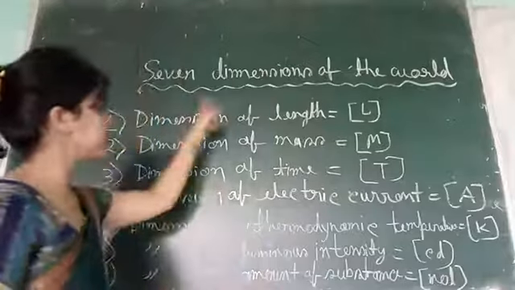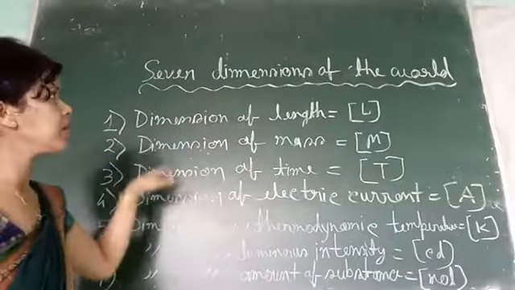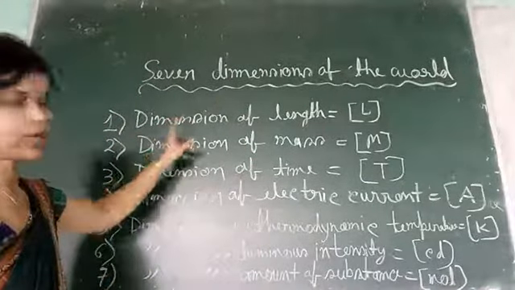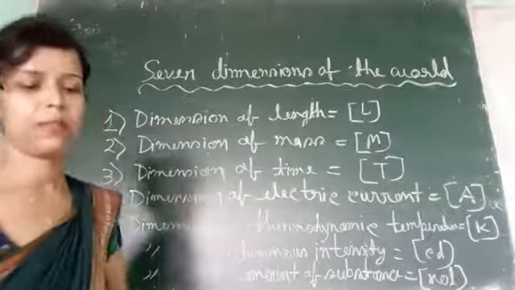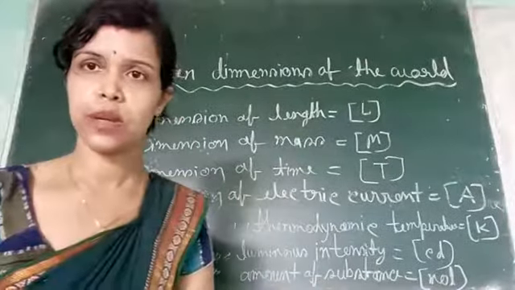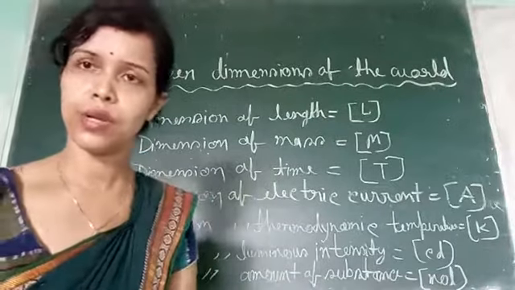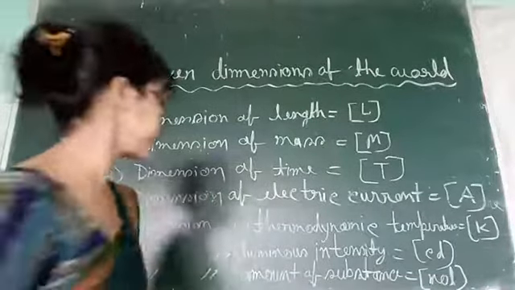So after getting these fundamental or basic quantities and their dimensions, let me find out the dimension of density. For example, how we can find out the dimension of density, let me discuss.